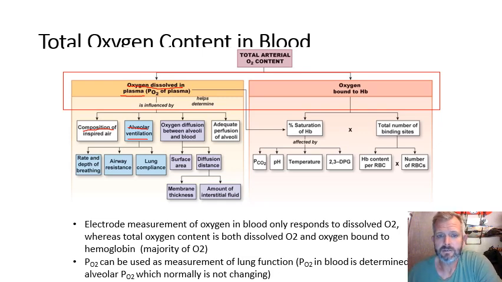And the surface area and diffusion distance: as long as we keep a minimal distance between the alveoli and the capillaries, we can get more diffusion. So if we keep the amount of interstitial fluid and the thickness of the membrane very minimal, we'll allow more oxygen in. And then also surface area. The more we're able to ventilate and have more oxygen across the surface area, we can get more diffusion.